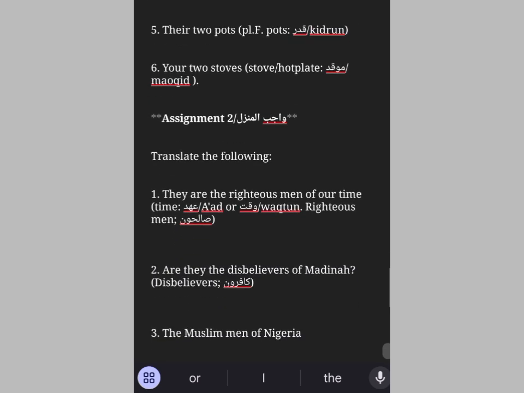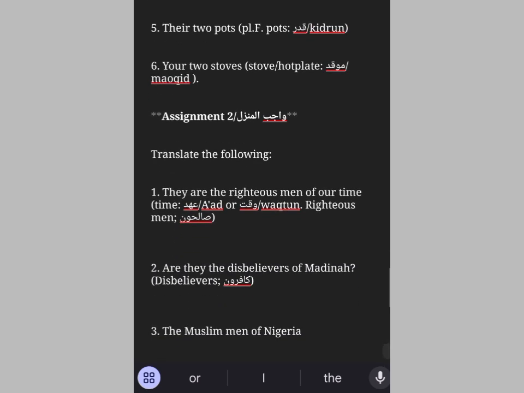Now another exercise for you, basically an assignment. Try to translate the following as well. Number one: they are the righteous men of our time. Form it as an Idafa phrase. Time is ahd or waqt.